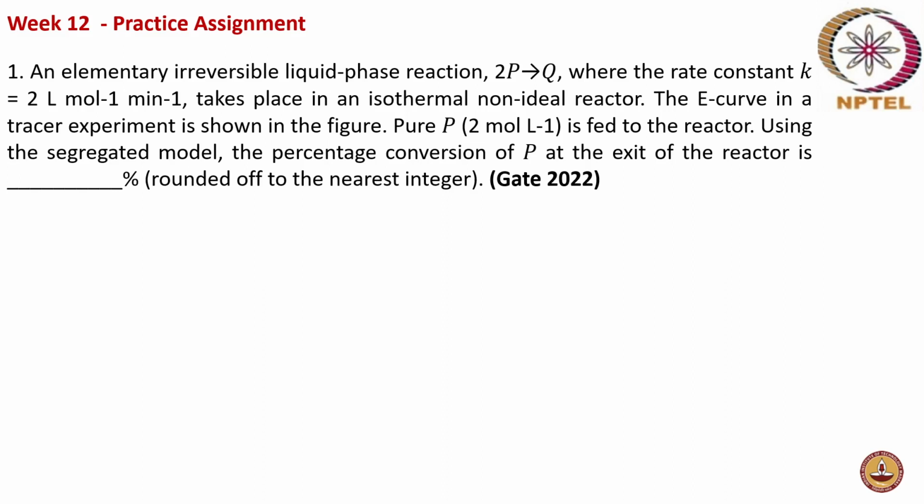The E curve in a tracer experiment is shown in figure. Pure P of concentration 2 mole per liter is fed to the reactor. Using segregated model, the percentage of conversion of P at the exit of the reactor is dash.